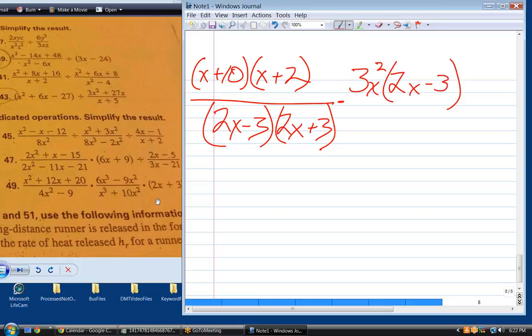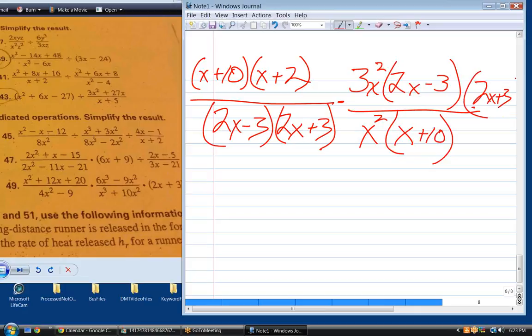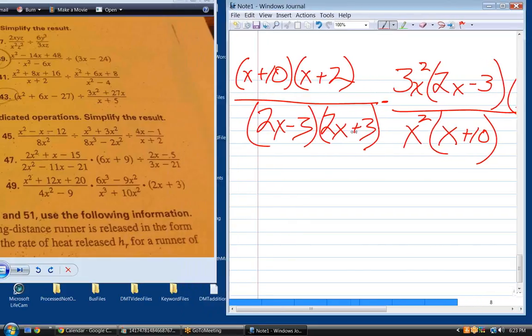Okay. And the bottom. It's x squared, and then x plus 10. Okay. And finally we have this term here, 2x plus 3. Okay.